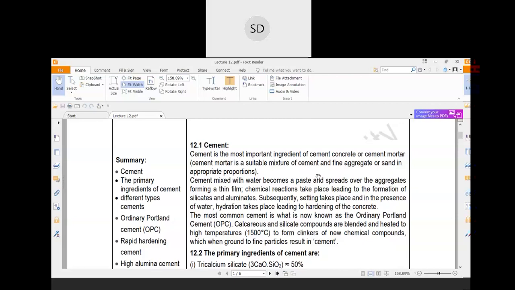For bituminous material, the bitumen will have a thin coating over the aggregate particles, and all the properties of the bitumen and aggregate remain intact. There is no chemical process in the bonding between aggregate and bitumen.